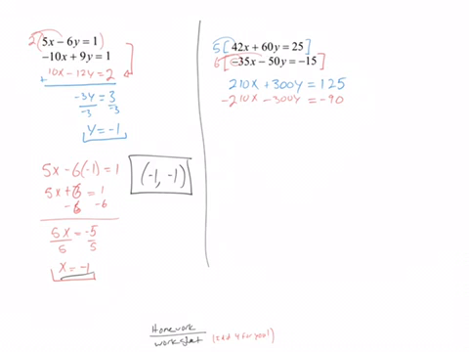So what we're going to do is we're going to then add these two. And interestingly enough, in this case, this is what we call a special case. Notice I have 210x minus 210x, so this is going to give me 0 x's. 300y minus 300y is going to give me, well, just 0y's. And that's equal to, I think, 35.